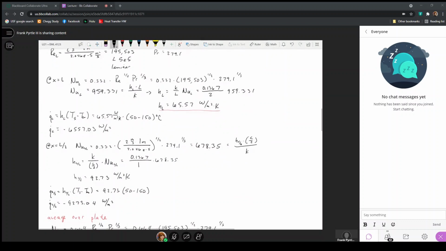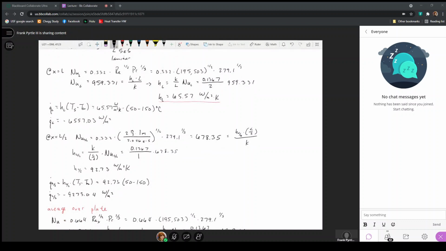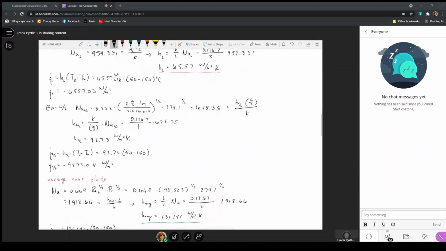And it too is negative just because, again, the temperature difference between the surface and the fluid ends up being a negative quantity, which just says the heat transfer rate is into the plate from the fluid, since the fluid's at a higher temperature.